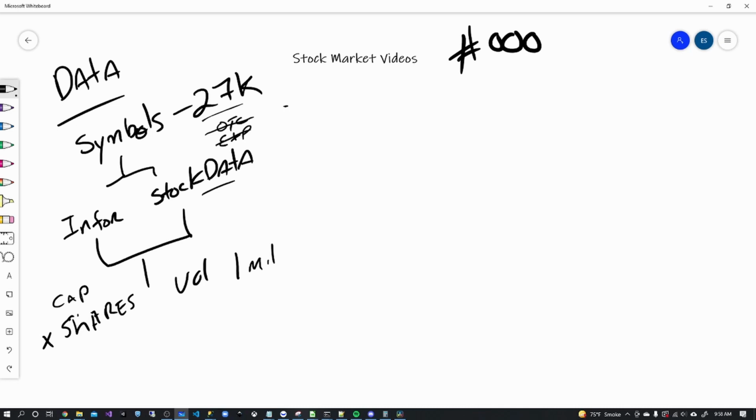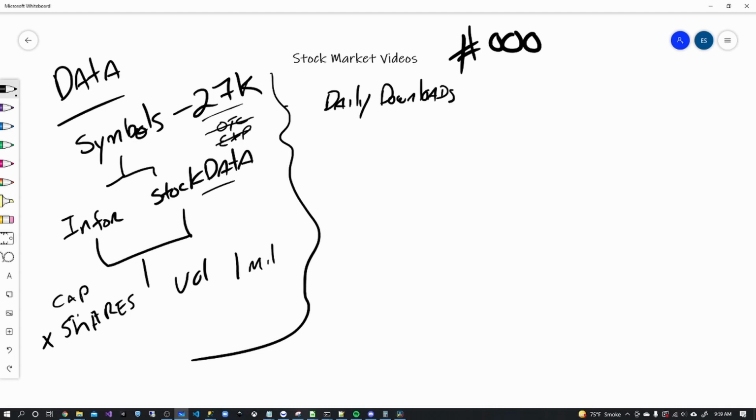So after we get this data, then we'll basically have a nice set of things that we can work with. Then we'll start our daily downloads. From our downloads, we can start going into rules. I have a nice plan that I found out from analyzing this data. I call it VIP.